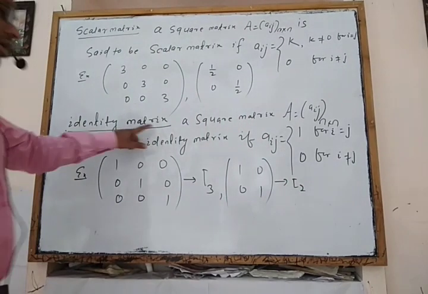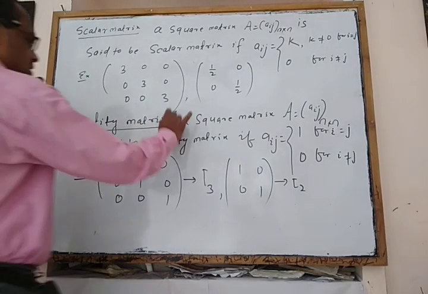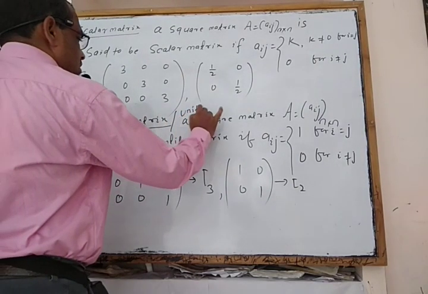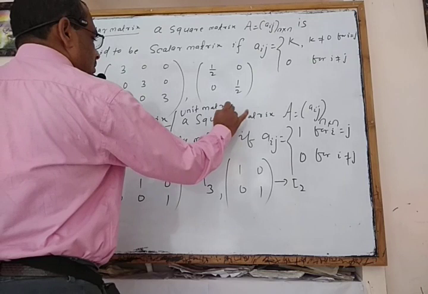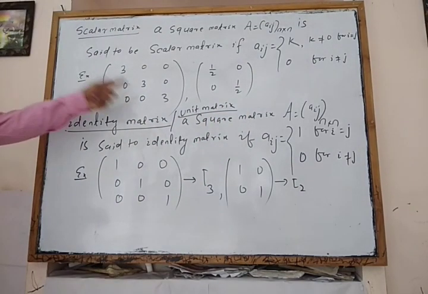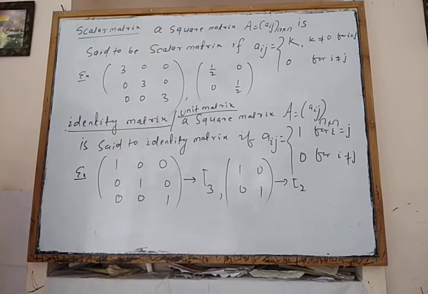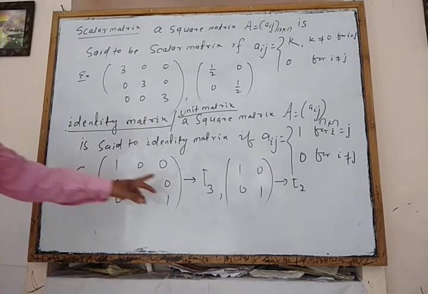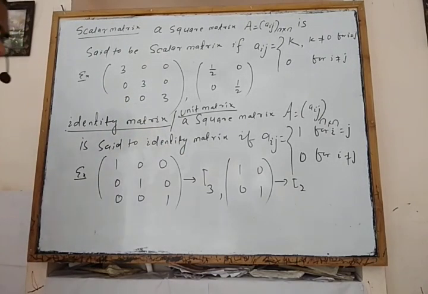The other name of identity matrix is unit matrix. Identity matrix is also known as a unit matrix, meaning all the diagonal elements are 1 and the non-diagonal elements are 0.